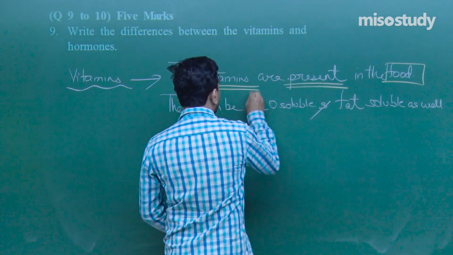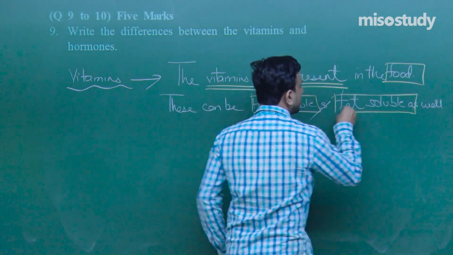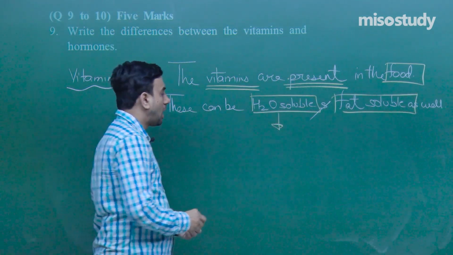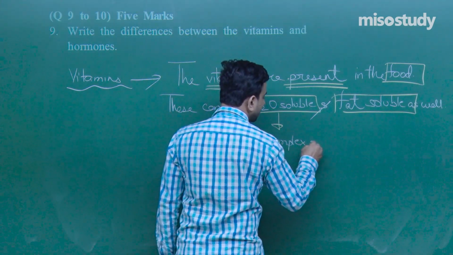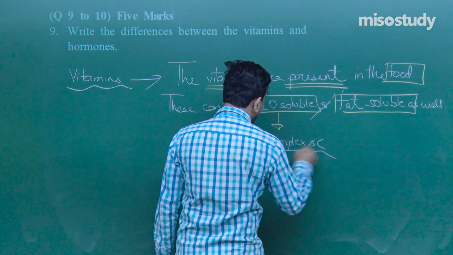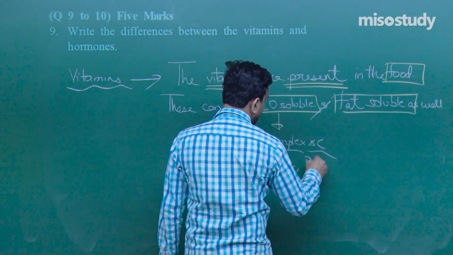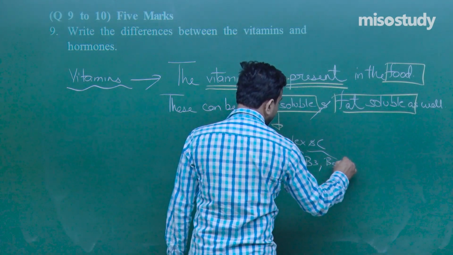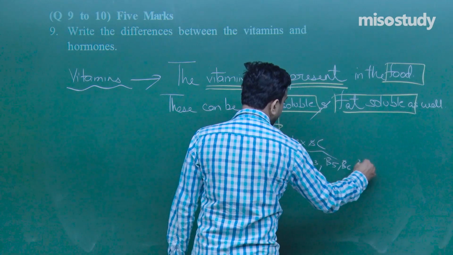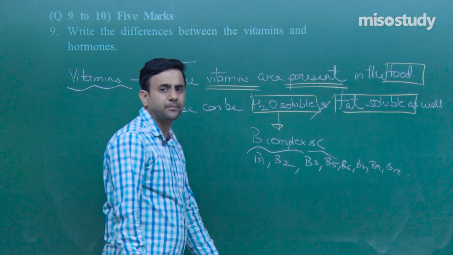Water soluble ones are B complex and vitamin C. In the B complex we have B1, B2, thiamine, riboflavin, B3, B5, B6, B7, B9, B12, all these important ones.